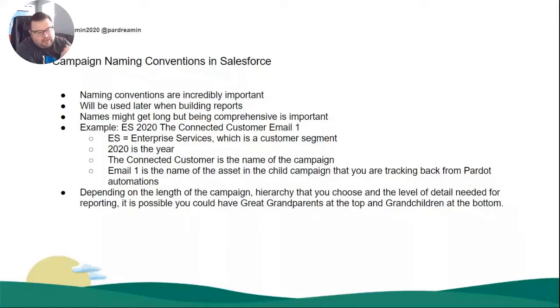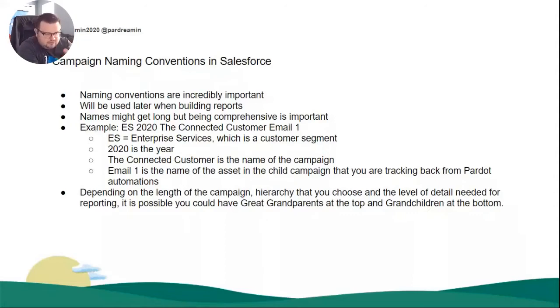I'll just say email campaign or video campaign from 2020, something fairly non-specific. And to be able to do campaign influence in a way that makes sense, I always try to encourage people to have a campaign naming convention methodology, some kind of convention in place. And this is an example that I've used in the past.